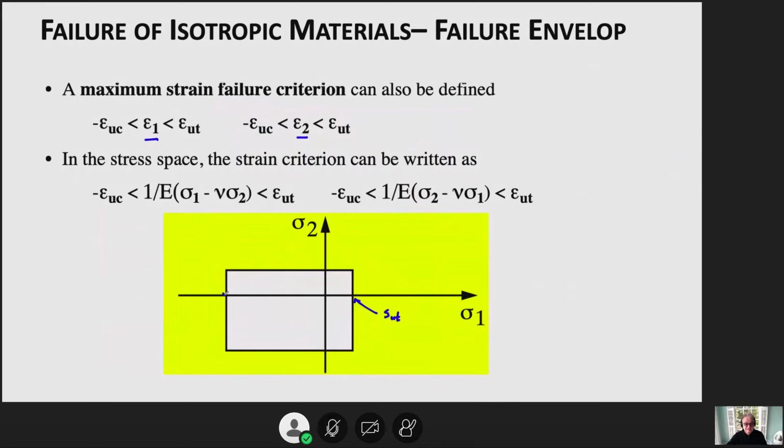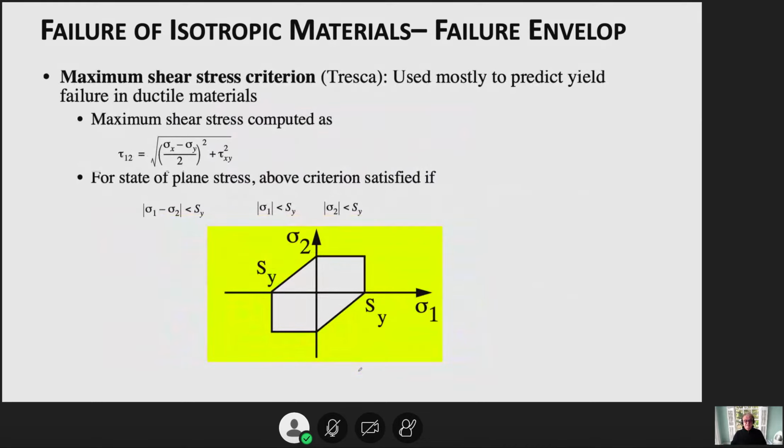And this is SUC, ultimate compressive, and it's the same thing here, SUT. And as you see, in this case, this should be a square if SUT and SUC are the same.